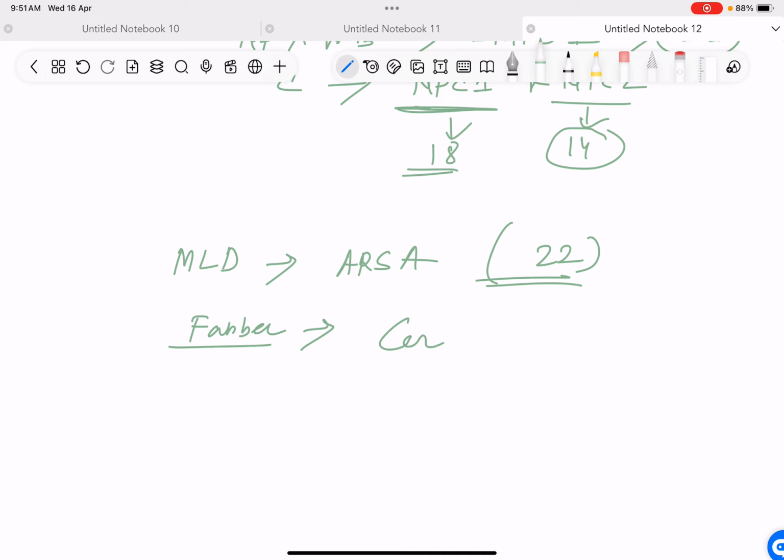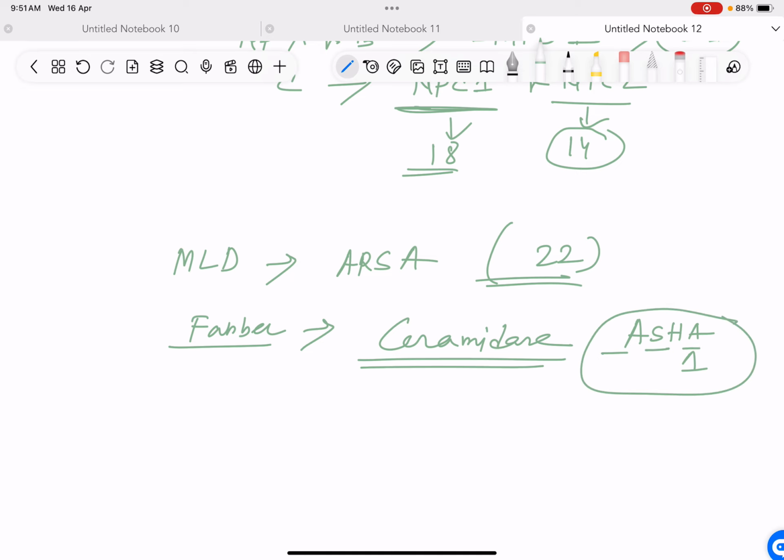Yes, ceramidase, and the gene is ASAH1, acid ceramidase. Farber or Farber lipogranulomatosis, ceramidase deficiency, ASAH1 gene present in chromosome number 8.